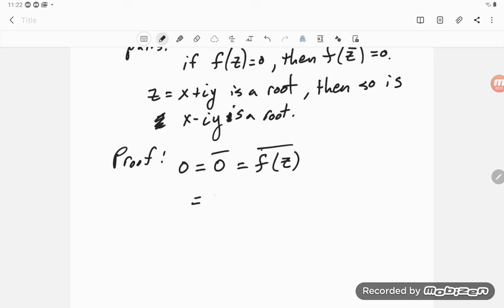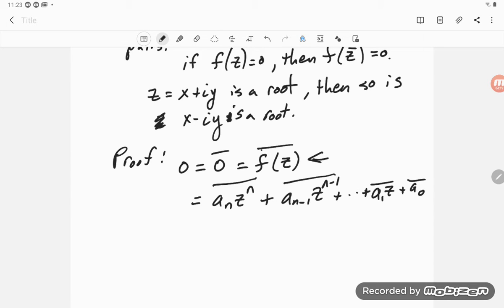If I take the conjugate of f of z, then I use some of those rules: we can separate the conjugate of a sum into the sum of the conjugates. So a n z to the n conjugate plus a n minus 1 z to the n minus 1 plus dot dot dot, all the way to a1 z plus a0, all conjugated.